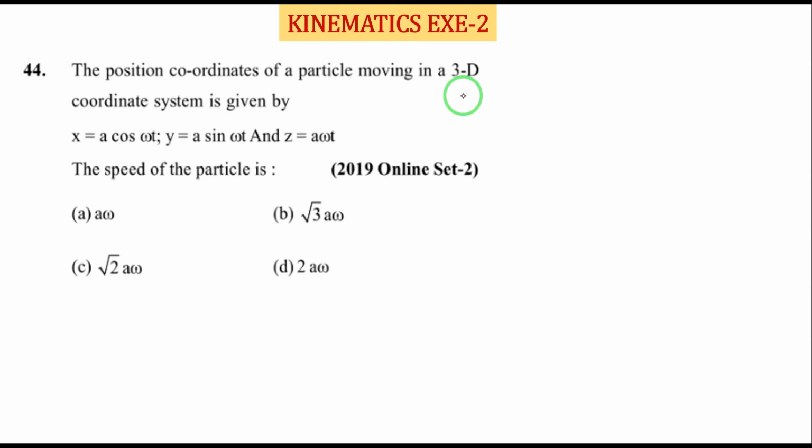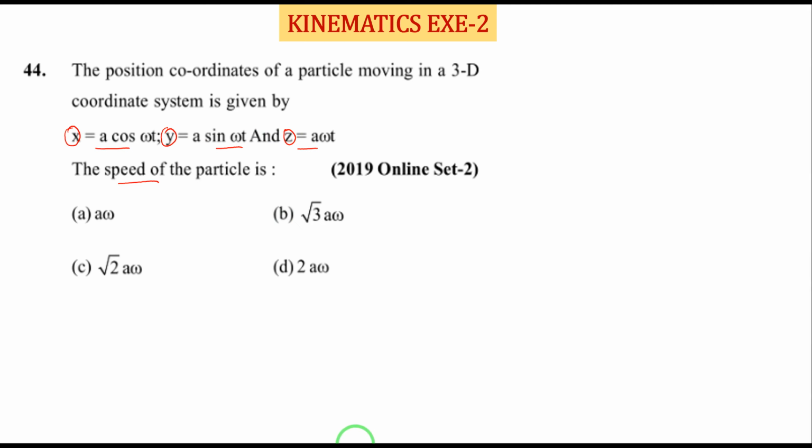In question number 44, basically the speed of the particle is to be found when x, y and z are given as functions of time. So we have to differentiate x, y and z with respect to time, and then the speed means the magnitude of the velocity.